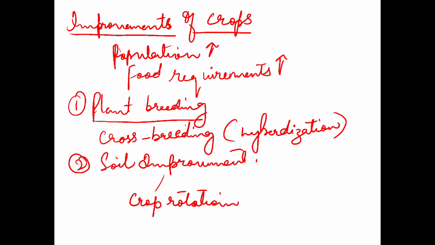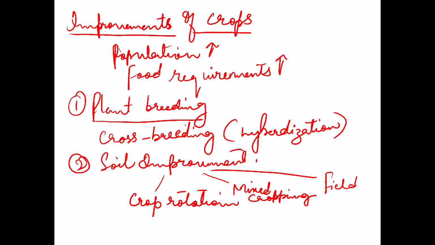And second is mixed cropping. And third one is field fallow. These three come under soil improvement.